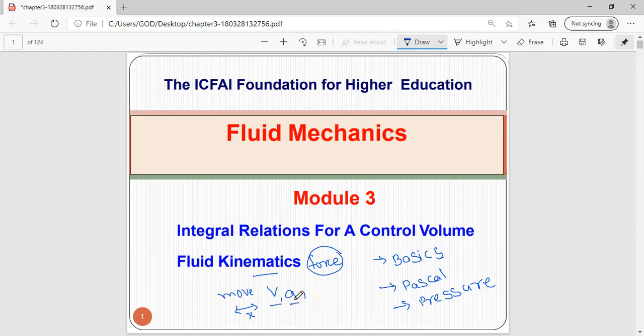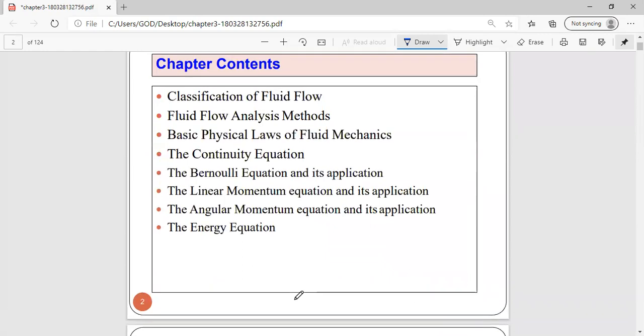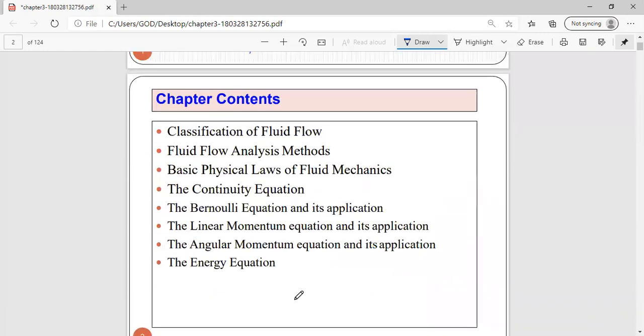Okay. Further, first I have the chapter wise content. It is a big chapter, so in the coming 3-4 classes, we will finish this. First, we will discuss fluid flow. Then fluid flow methods; there are two methods that we'll discuss.